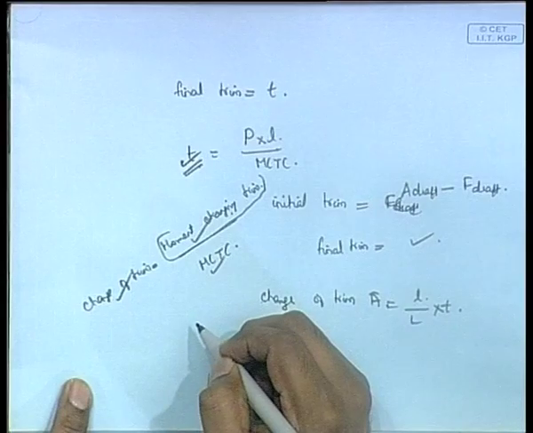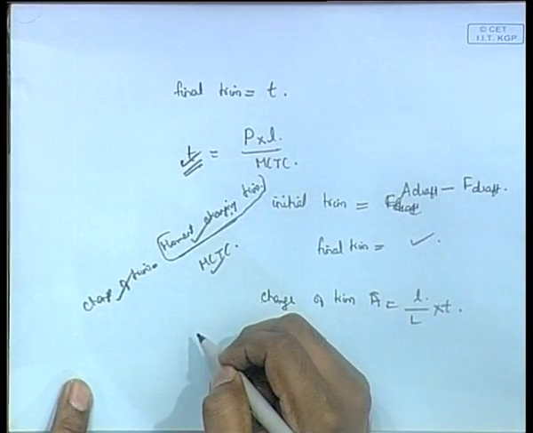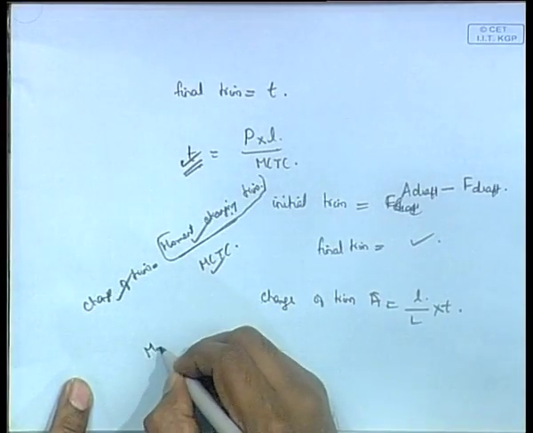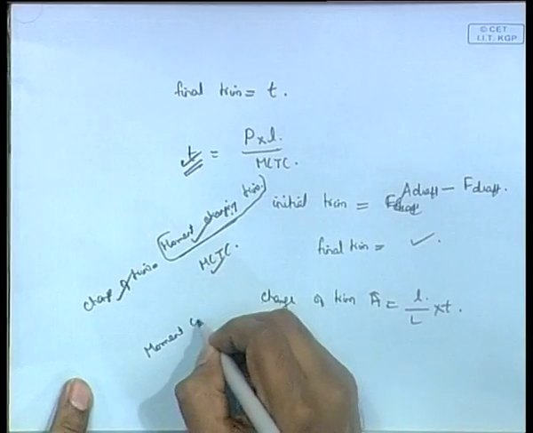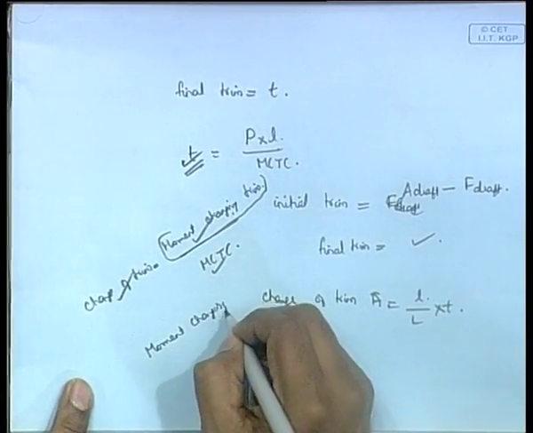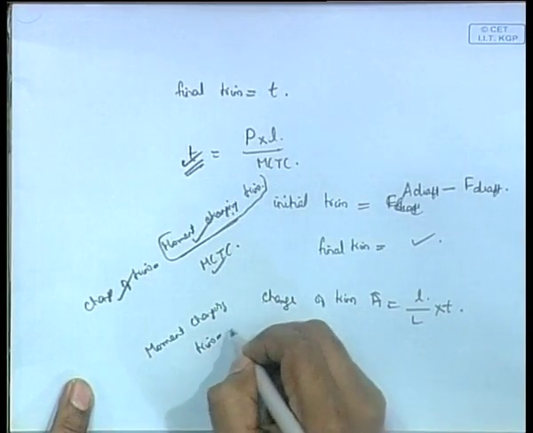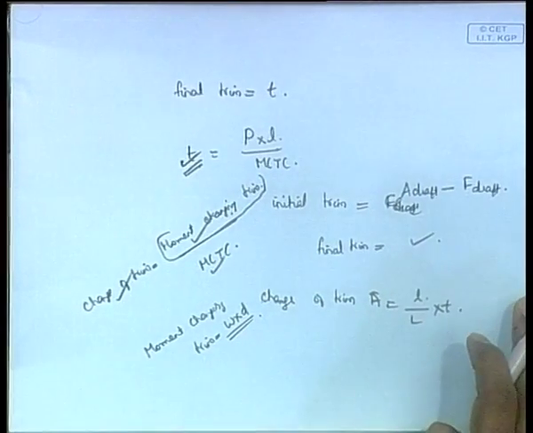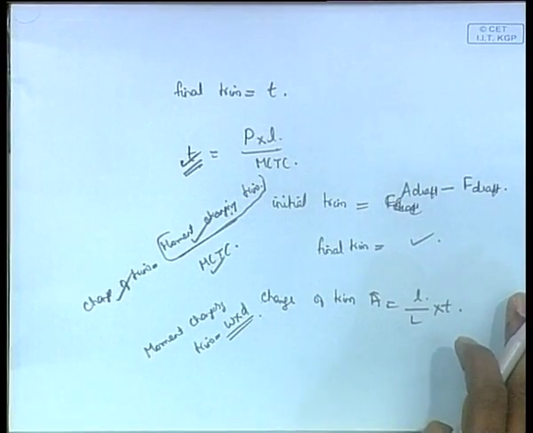Now, once you have that, moment changing trim is equal to W into D. D is the distance through which the ballast has to be transferred.